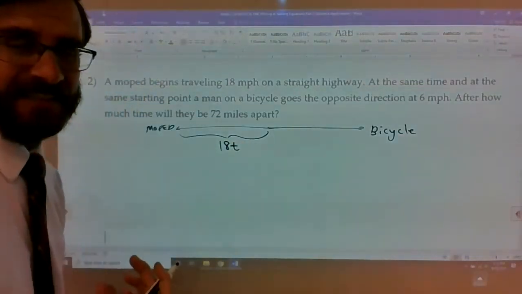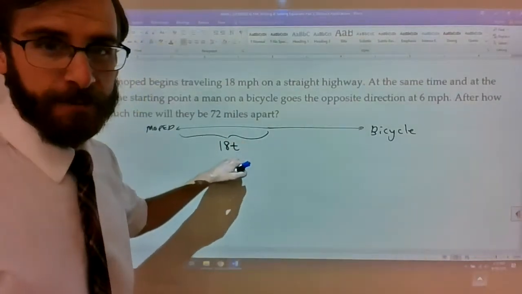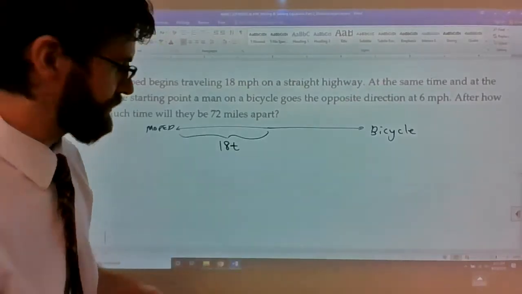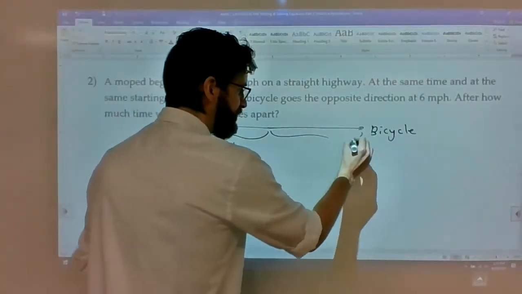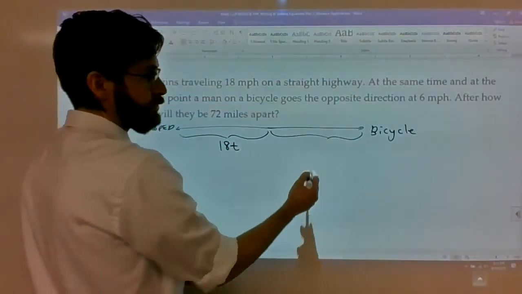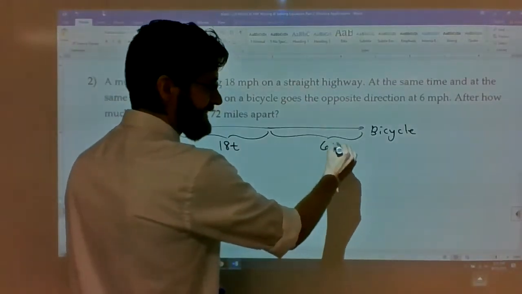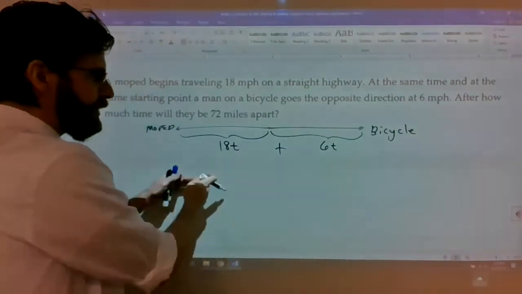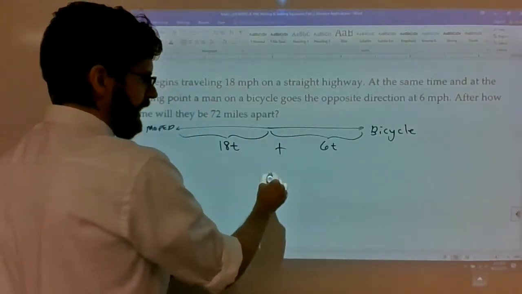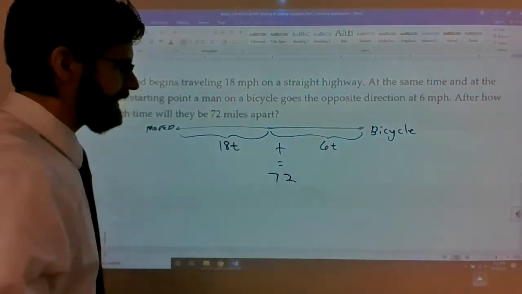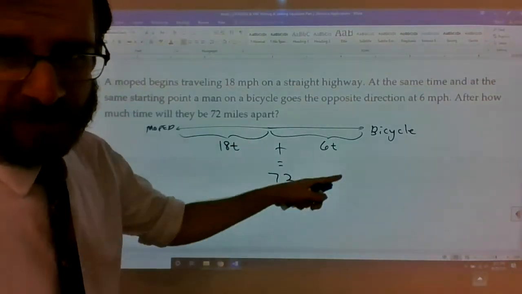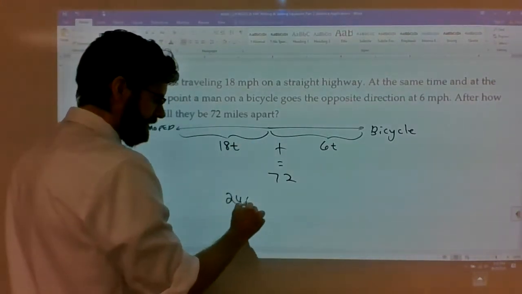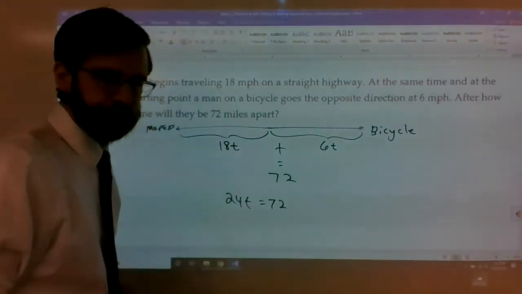That's the distance, the rate of 18 miles per hour times t hours. Add that to the bicycle's travel distance, which is 6t, because it's going 6 miles an hour. You add those together, and you get the full distance of 72 miles. And that's your equation. 18t plus 6t is equal to 72.